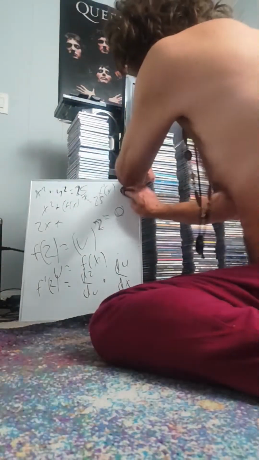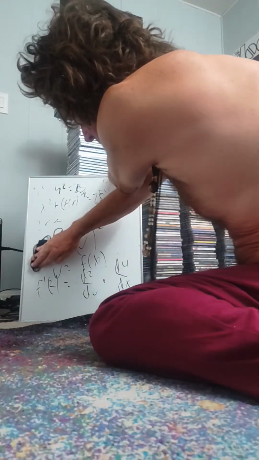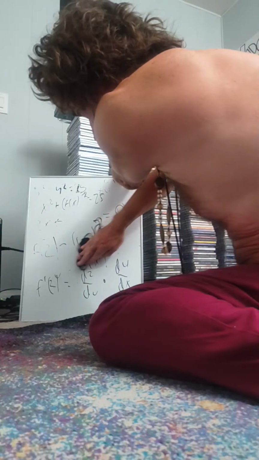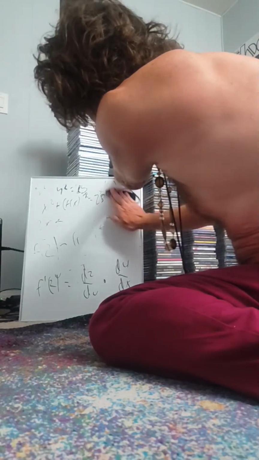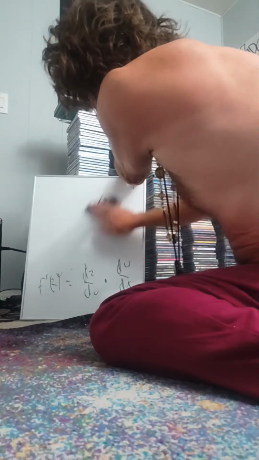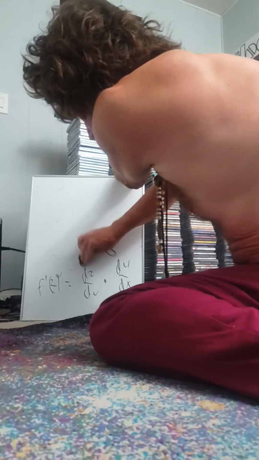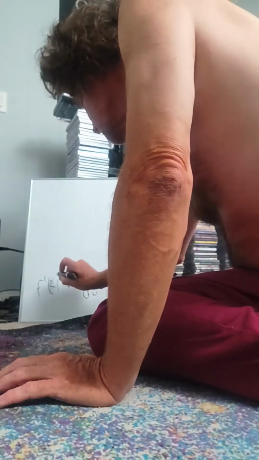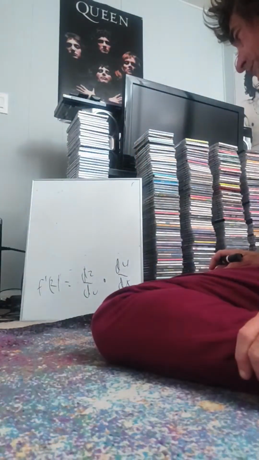Let's erase this so I can have more room up here. But we did make some progress, no? Do I want to do all that? I have to, yeah. Let's just do this. So we have f prime of z equals dz du times du dx.